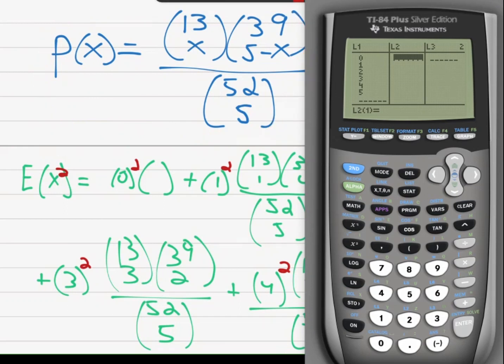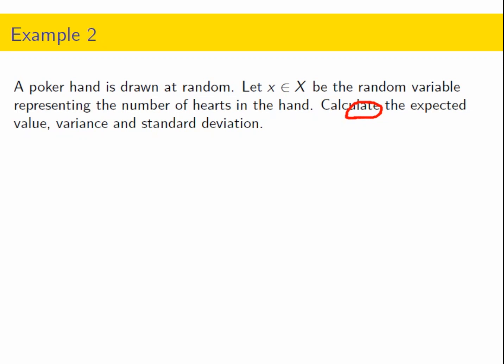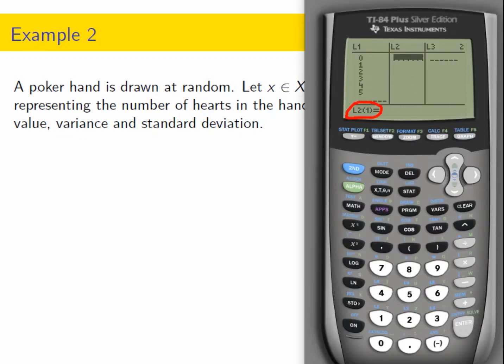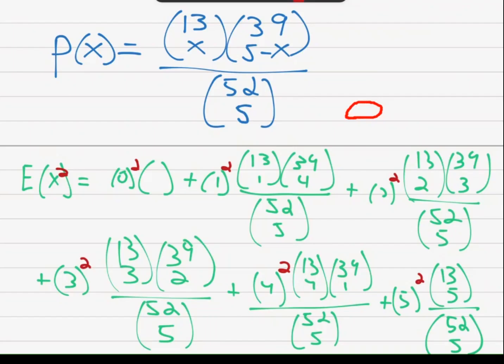So how my graphing calculator does that is when I notice this. So look at this input line right here.